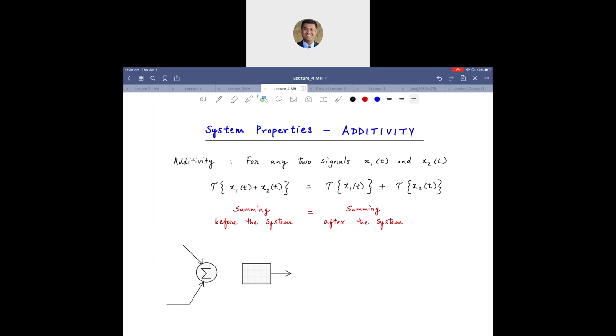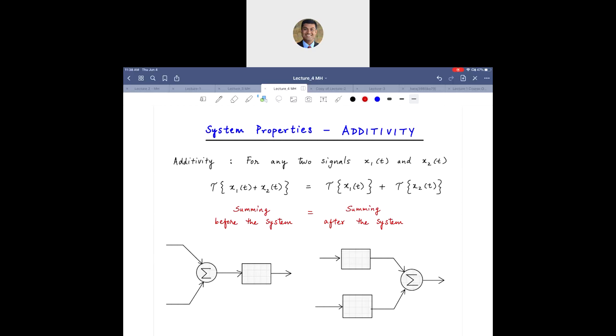And similarly, I have two systems here followed by the summer and the output there. What else? Inputs. And now we can draw things up.